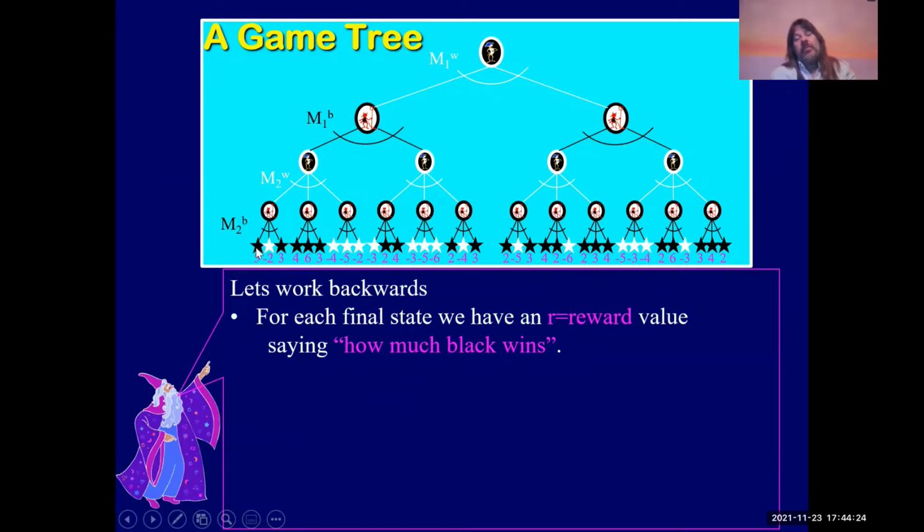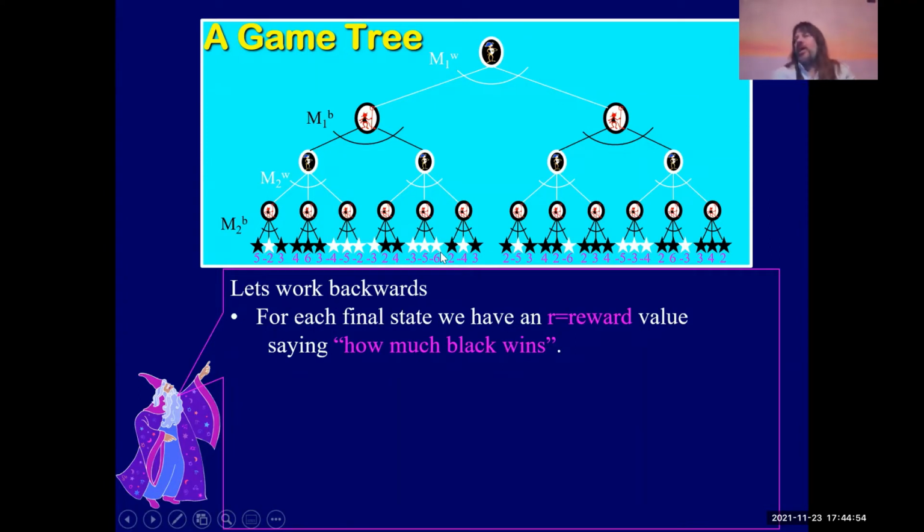So you might notice that whenever it's the black star, that's because black wins, then it's a positive number because black is very positive about winning. And whenever it's a white star, it's a negative number because black is pretty negative on losing, right? Pretty negative on white winning. But here in the stars, we're just saying winning or losing, but I'm expanding it to how much did you win by?